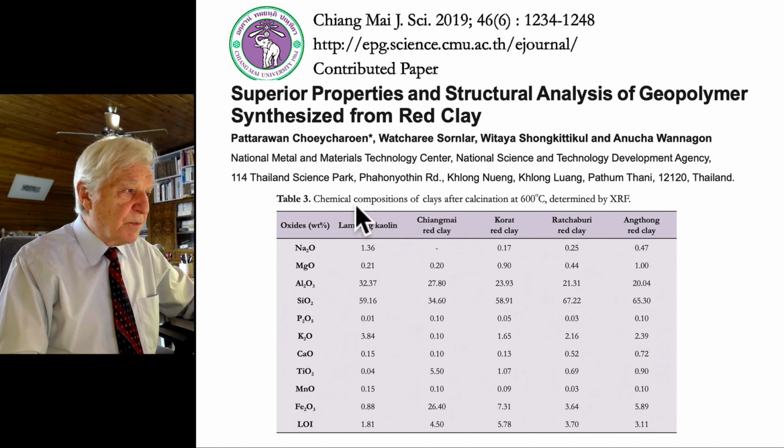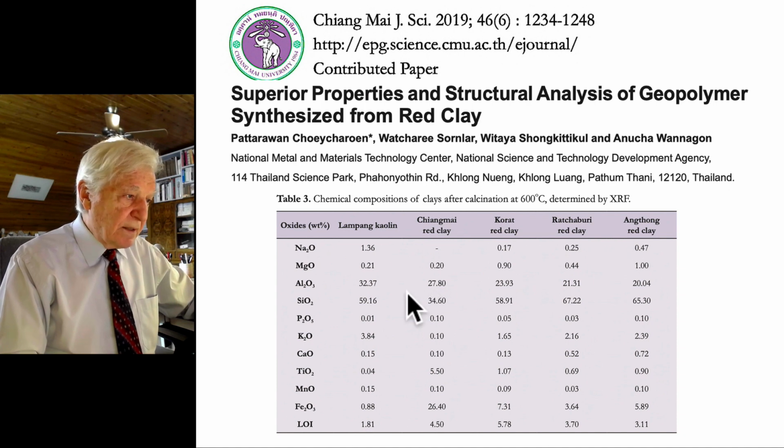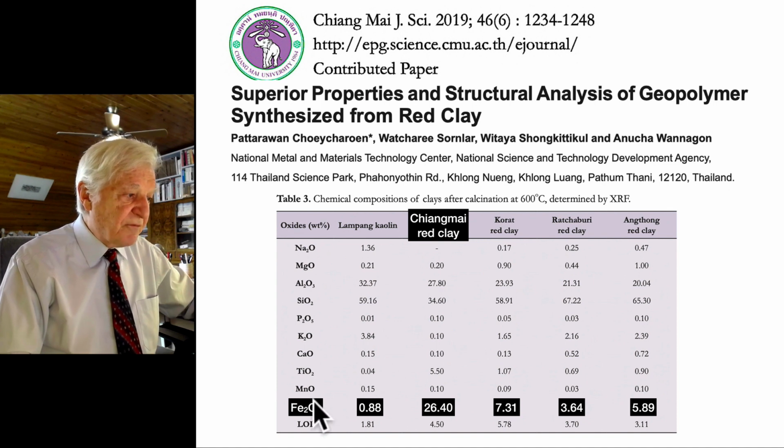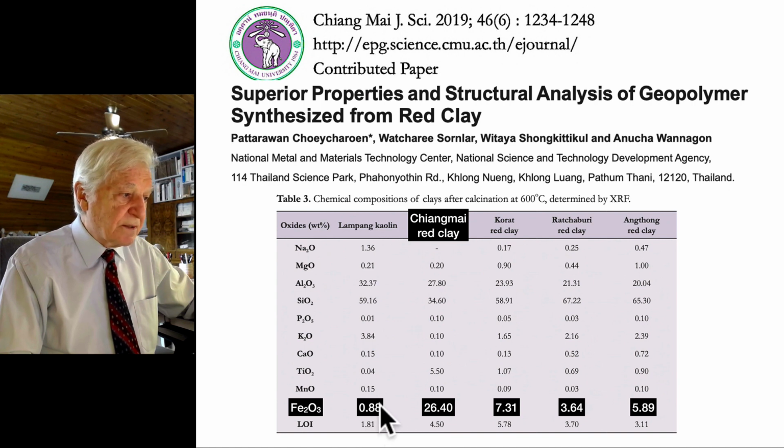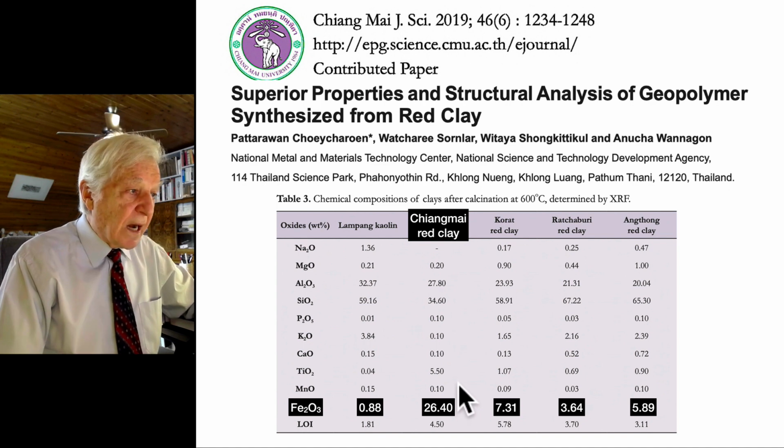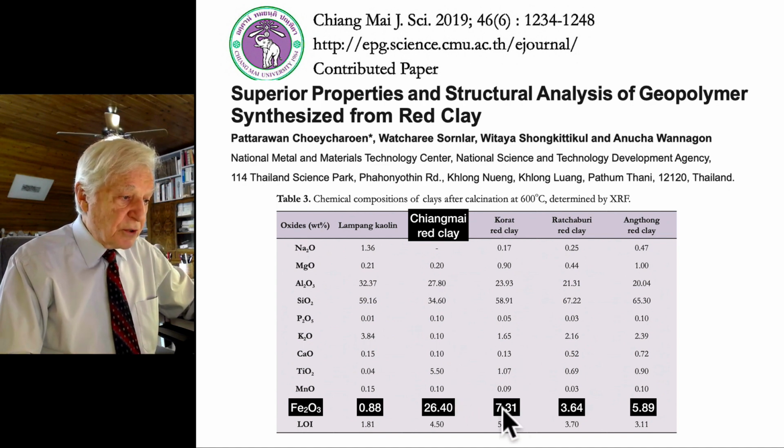So the group compared 5 different clays, one white Lampang kaolin and 4 other ones, with very different Fe2O3 content. The Lampang kaolin has only 0.8% Fe2O3, whereas the Chiang Mai red clay has 26.4%, so it is a high amount of iron oxide, and the others between 7 and 3%.